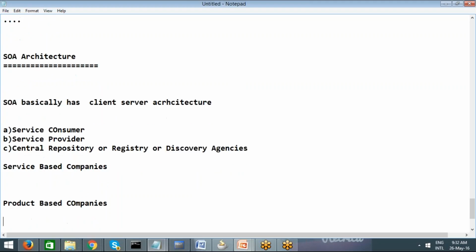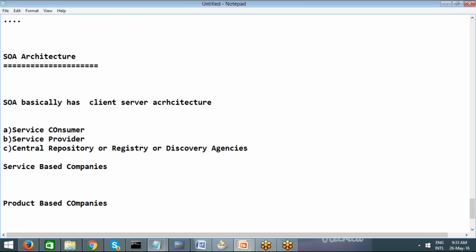Product-based companies consider a common problem statement prevailing in the industry, and they come up with a solution. They do not know who will be subscribing to their solution, or how many people are ready to buy their product, but they come up with something which meets most of the problem statements coming from the end users.